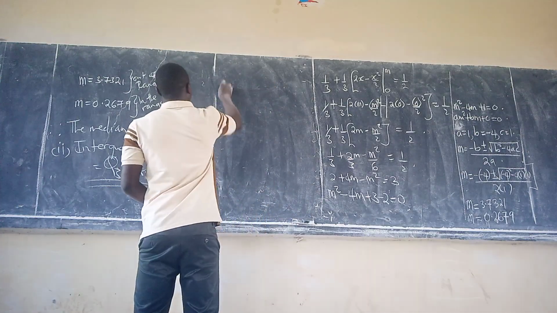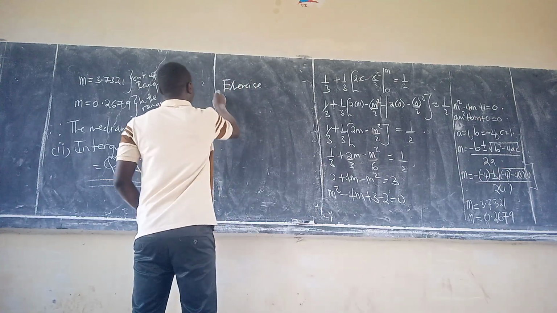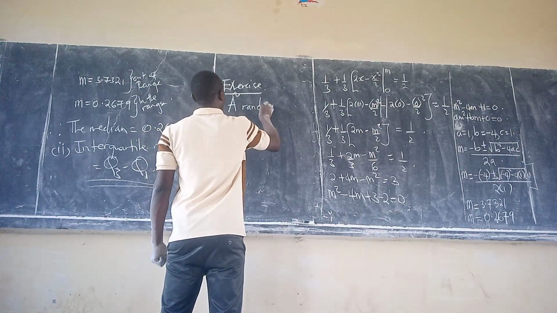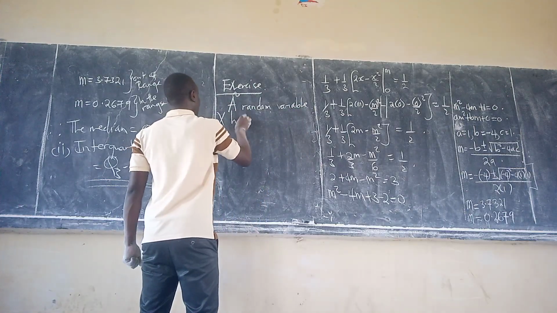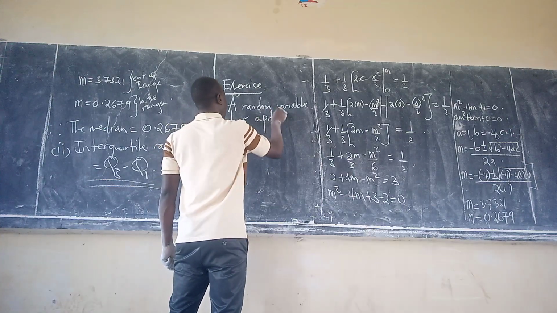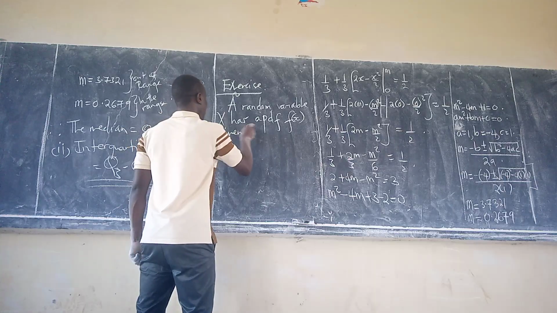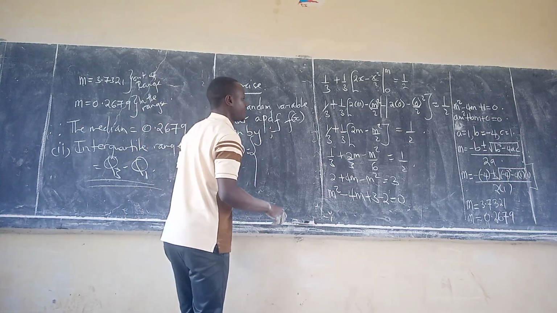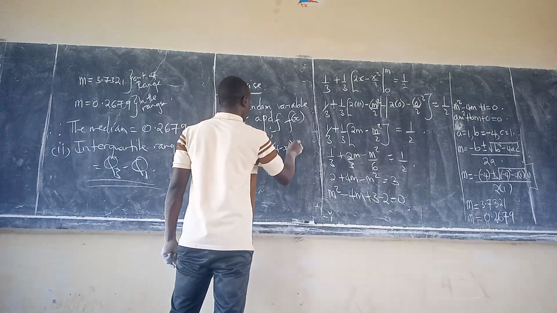So finally, as an exercise about the median, we have a question that says a random variable x has a PDF, small f of x, given by kx into 4 minus x squared.